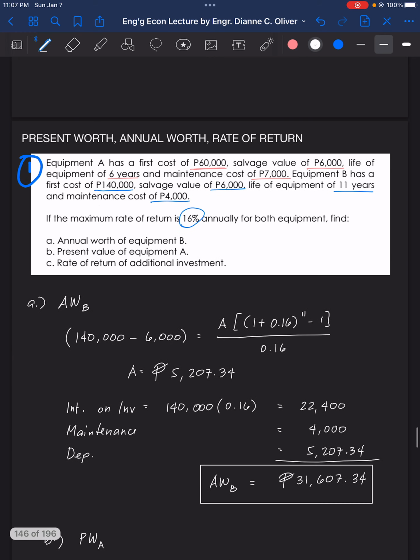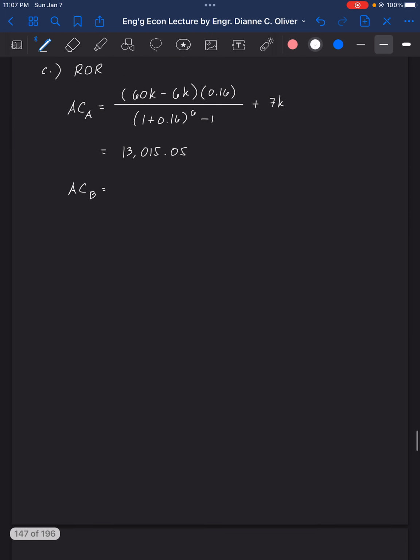What's the given? It's 140,000, 6,000 for salvage value, 11 years, and maintenance cost of 4,000.